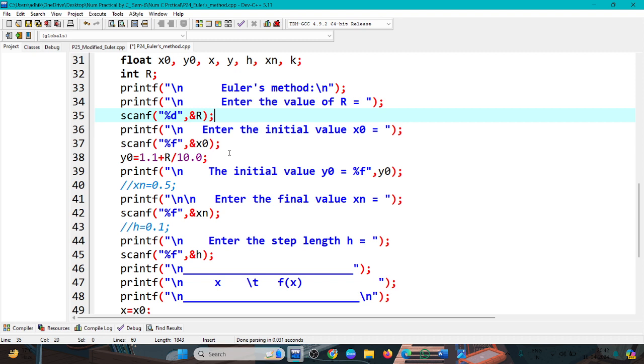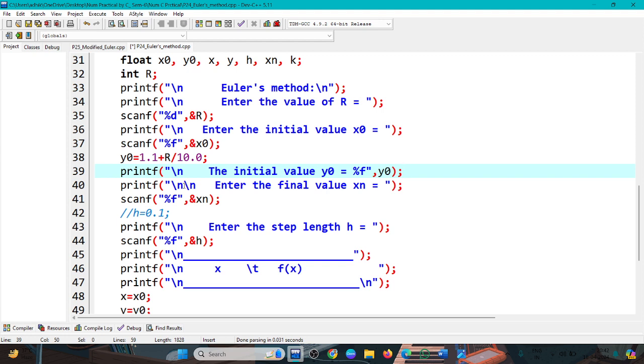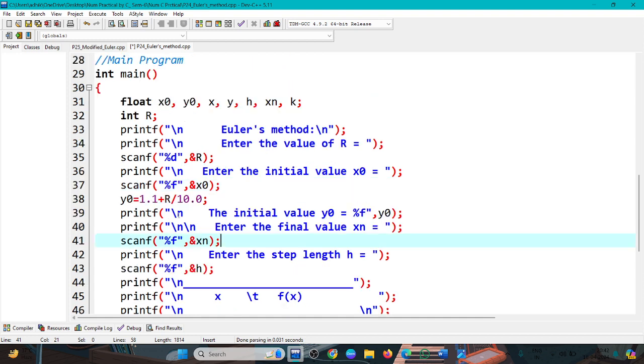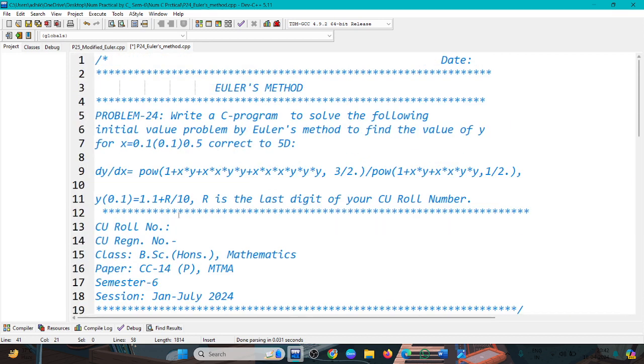This is the given value of y0. xn equal to 0.5 is given, the last value of x, the final value of x, that is xn. h is the step length, also given here in the question, because x is starting from 0.1 up to final 0.5 with increment 0.1. So h equal to 0.1.